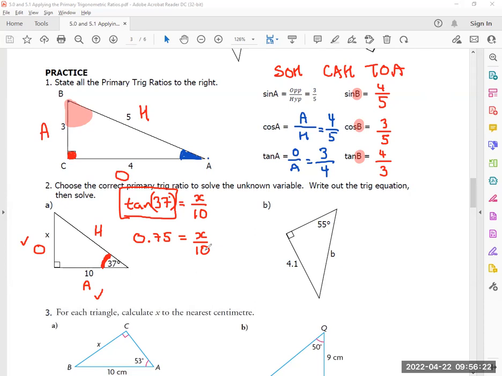It's not magic. How do you get rid of a division of 10? Yes, you multiply both sides by the 10. So division of 10 and a multiplication of 10 will turn into a 1, leaving the right side as 1x. And 0.75 times 10 is going to be approximately 7.5.